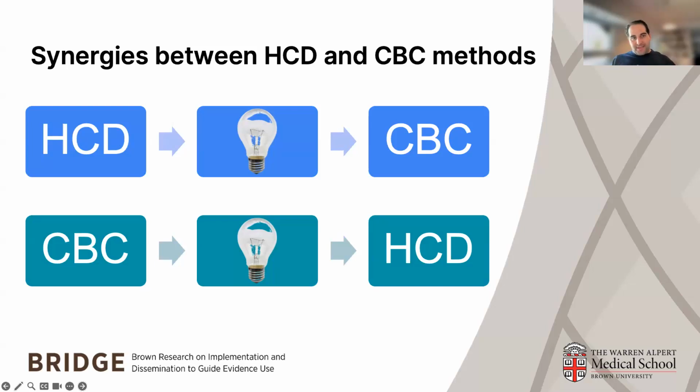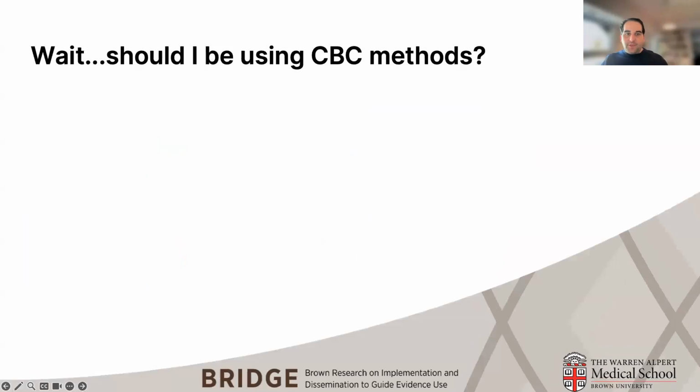So in other words, I think what I'm hoping to impart here is that these methods can be used together and in complementary fashion in either order. So human-centered design can precede choice-based conjoint or vice versa, but the goals of the design processes as well as the discrete choice experiment will vary depending on the starting point of your research.